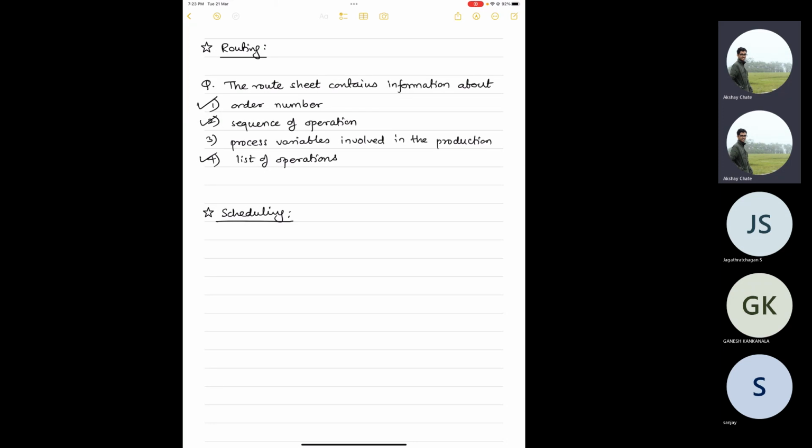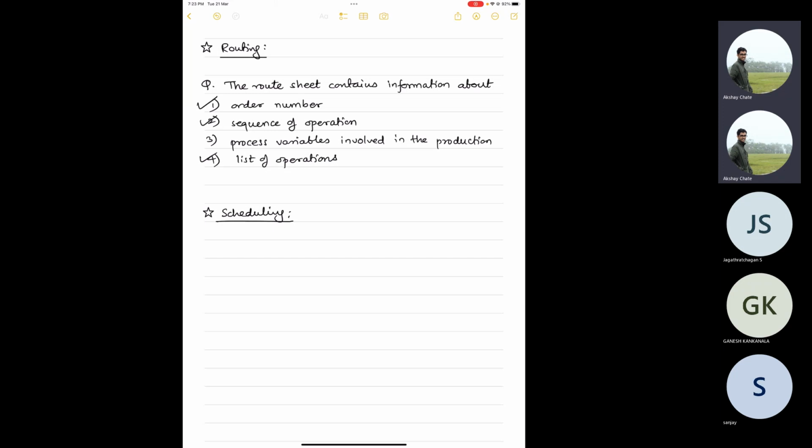Based on that, you can justify your definition of scheduling. It is basically the technique which increases your effectiveness of capacity utilization. There are different techniques that are used for scheduling.